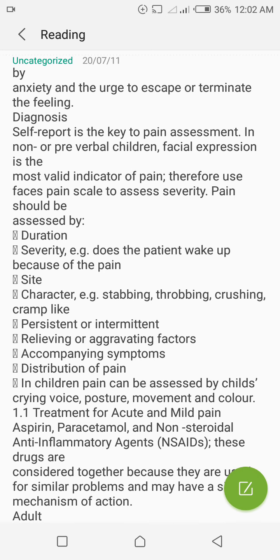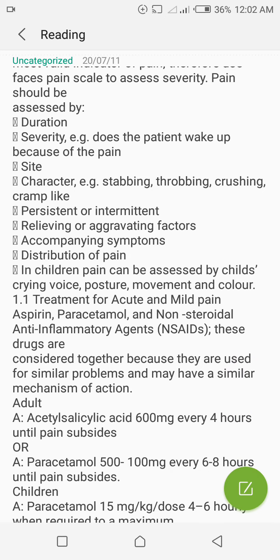Use different faces on the scale to assess the severity, which can be assessed by duration, how long it takes, the severity, and whether the patient wakes up because of the pain. Identify the side, whether it is on the upper limb or the lower limbs, and the character, e.g. stabbing pain, throbbing pain, or crushing, cramp-like pain, persistent or intermittent, and the relieving or aggravating factors.